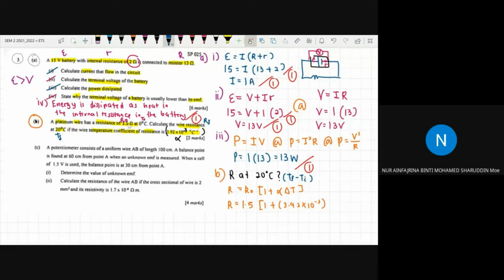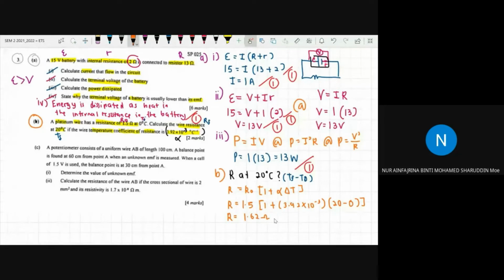So, ini dikira macam kita punya initial temperature jugalah, T0. Okay, so final temperature kita adalah temperature yang kita dah tahu iaitu 20. Initial kita adalah 0. So, tekan calculator, you will get the answer of 1.62 ohm.